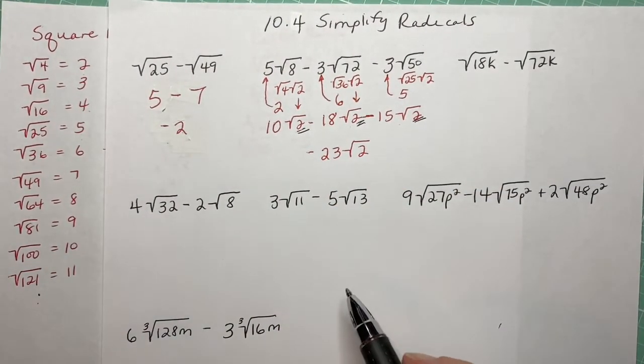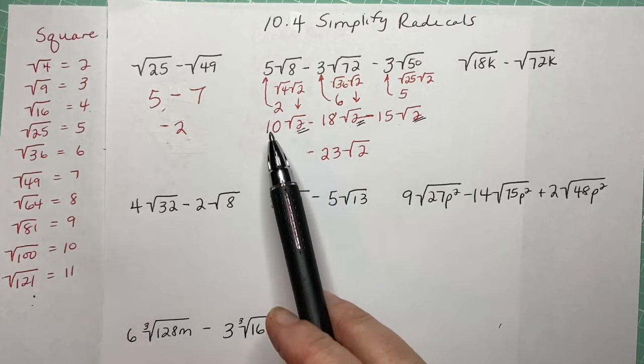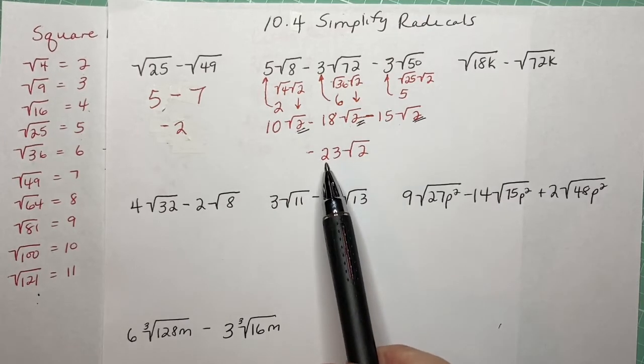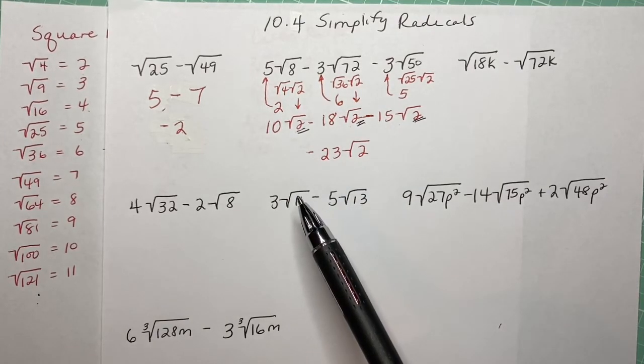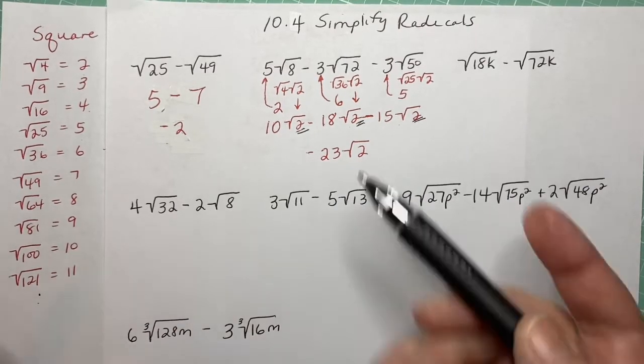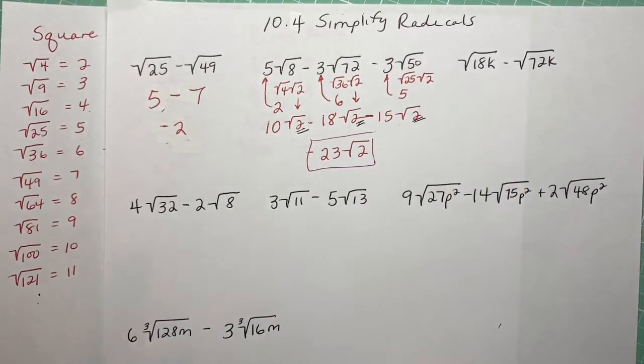So the square root of 2 is just like a variable. It just comes along with it, and you're just doing your integers. 10 minus 18 minus 15 is -23, and that's your answer. So you want them combined together into a single answer.